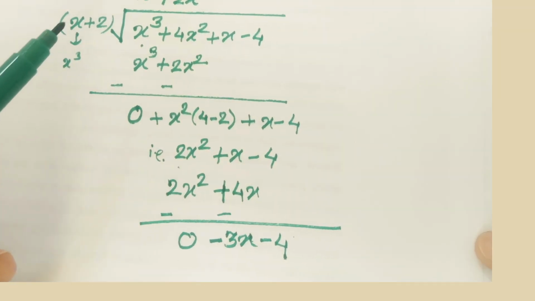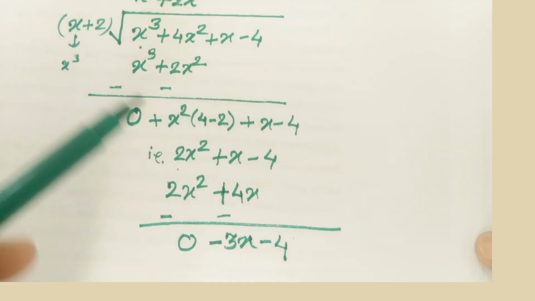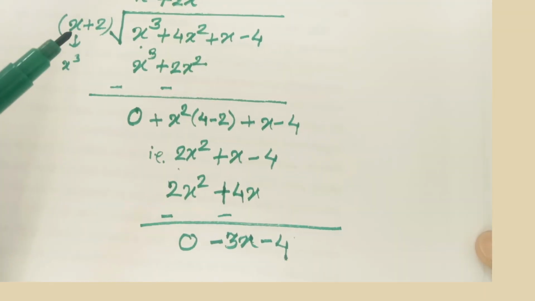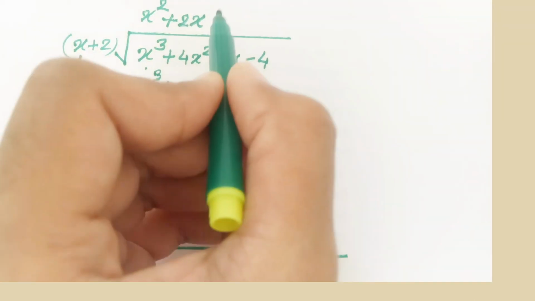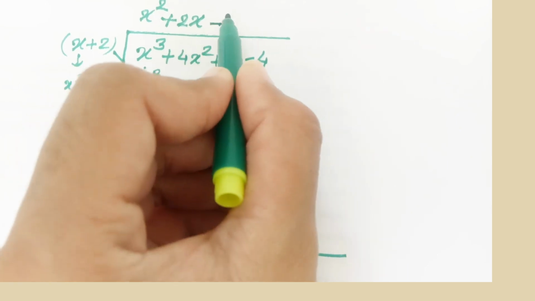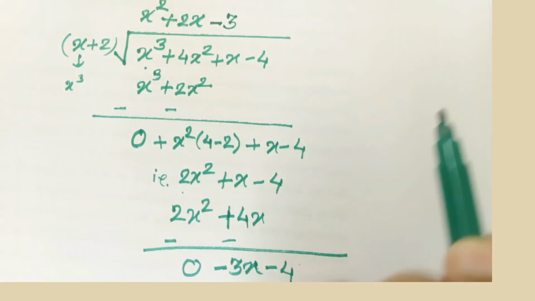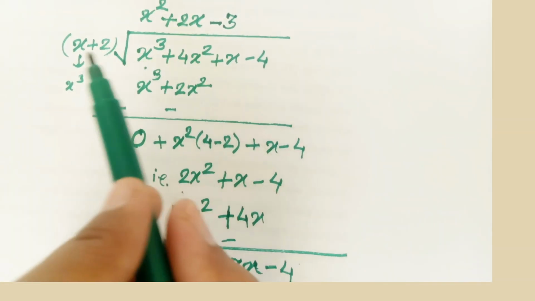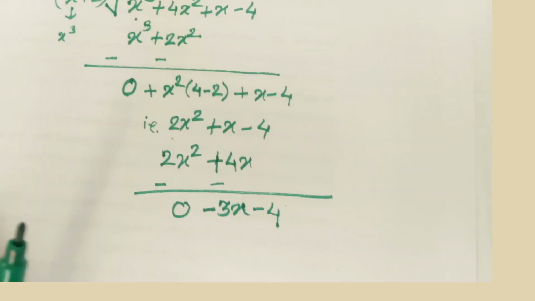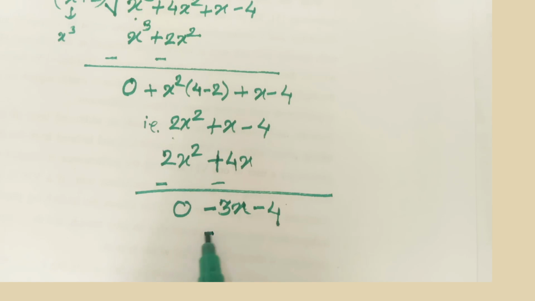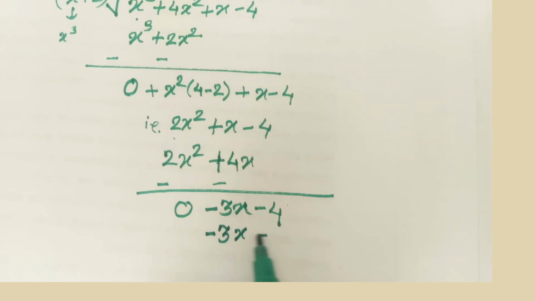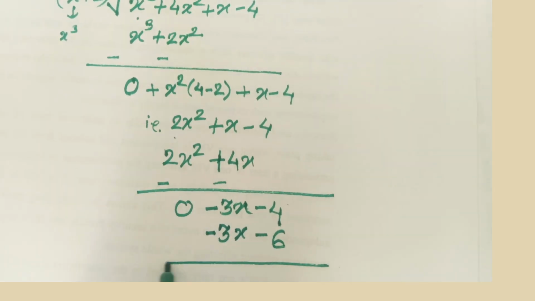Again instead of this x we have to take minus 3, so x is already given, you just have to multiply by minus 3. In the quotient we add minus 3, because we are taking the next multiplier minus 3, so we multiply this term by minus 3 and get minus 3x minus 6.